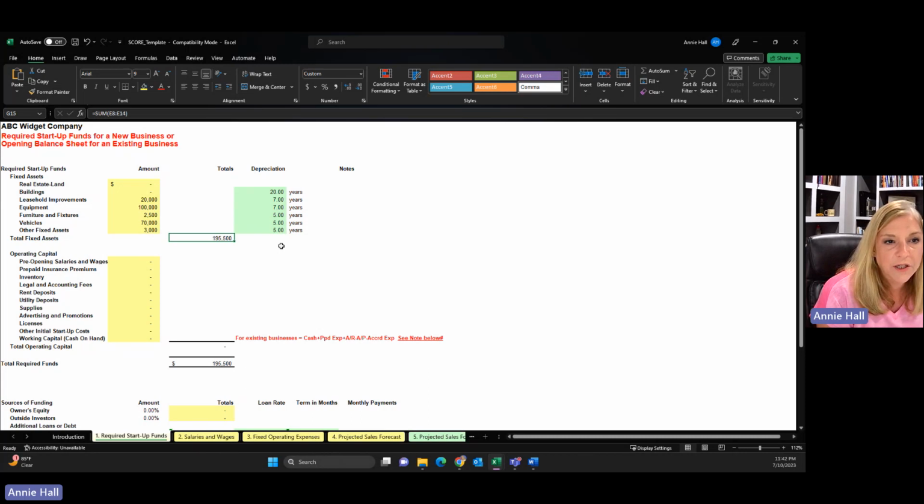So this is depreciation. And just to give you a quick explanation of depreciation, the best example I can give you is that when you buy a brand new car, and let's say you spend $30,000 on this brand new car, it's going to show up on your balance sheet as your assets as $30,000 because that's what you paid for it.